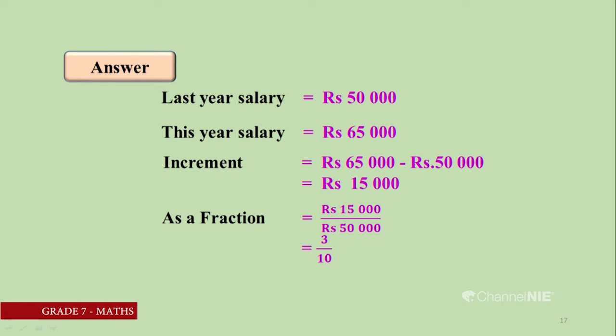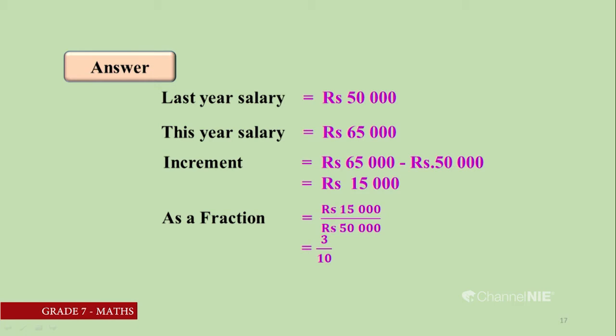You can use here the knowledge of equivalent fractions. It means highest common factor. Using the highest common factor, you can divide the numbers in the denominator and the numerator. Right? What is the highest common factor?